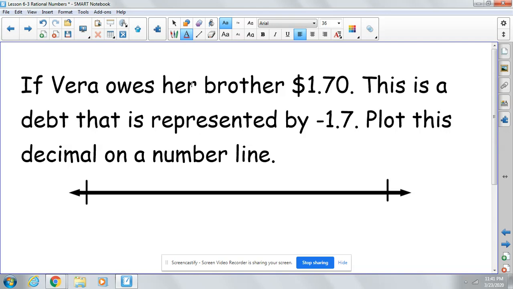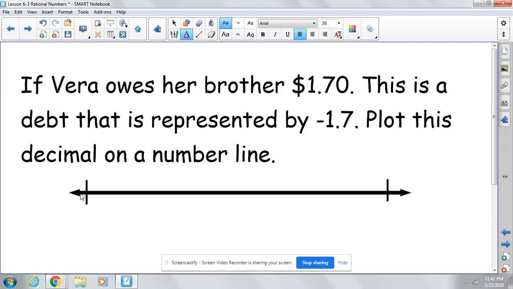So if Vera owes her brother $1.70, this is a debt that can be represented by negative 1.7. If you owe somebody money, you are in the negative. So plotting this decimal on a number line, you have to know what two whole numbers negative 1.7 is between. One number that it is between is negative 1.